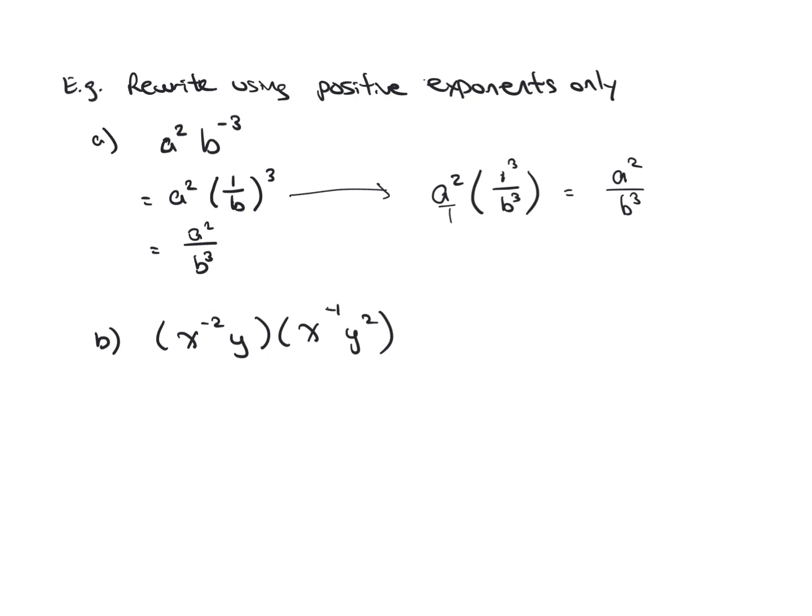When multiplying powers of the same base, we can add the exponents. So when I look at this, I will look at the x's first. They have the same base. They're being multiplied, so I can add the exponents. -2 plus -1 makes -3. And then I will look at the y's, and I'll do the y's.